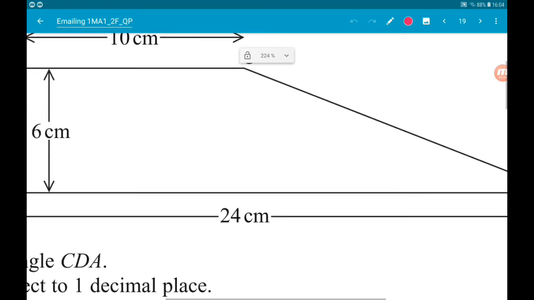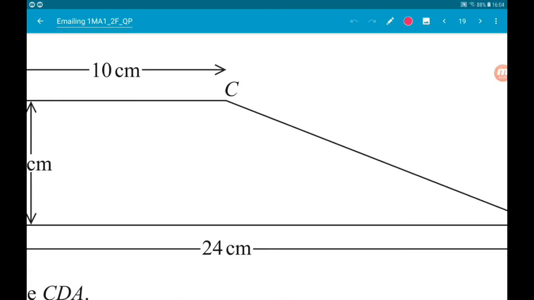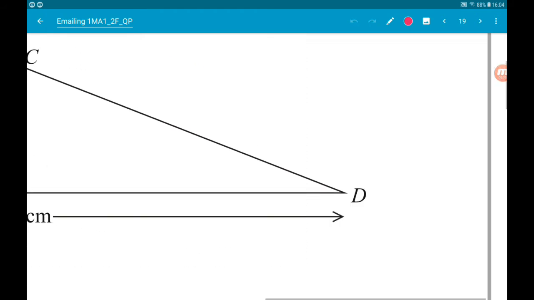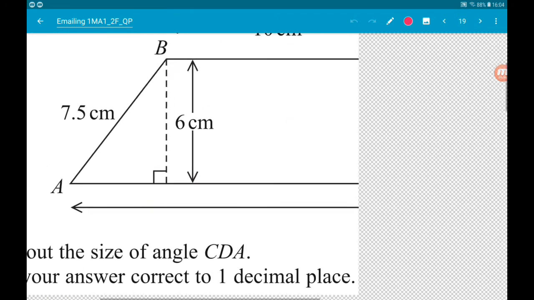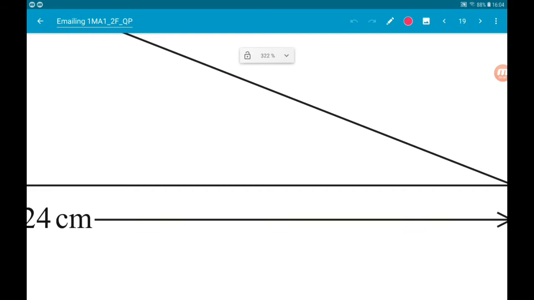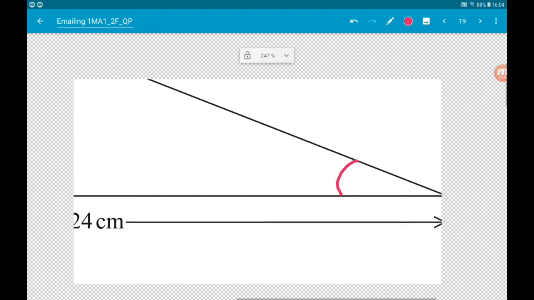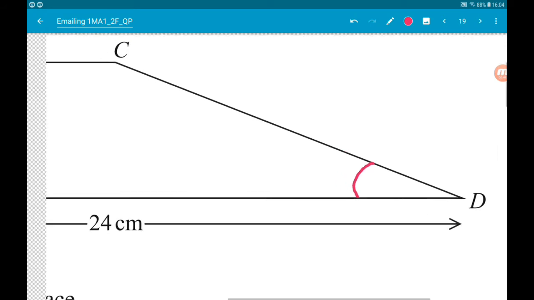So, angle CDA is the angle made by going from C to D to A. So, angle CDA is this guy here.